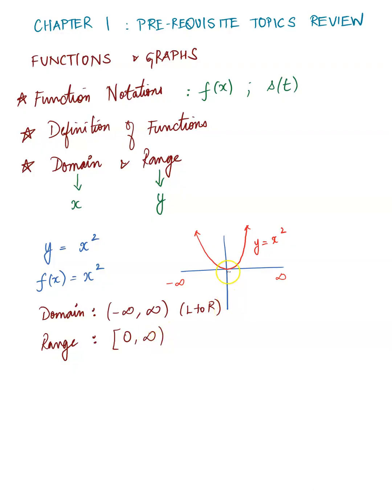This one is negative infinity at the bottom, but there is no graph happening below the x-axis. So you go from 0 all the way to infinity. Remember to put a bracket for 0 to include it, and a parenthesis at infinity to say that that's not included. Okay, so B to T, bottommost to the topmost part of your graph.